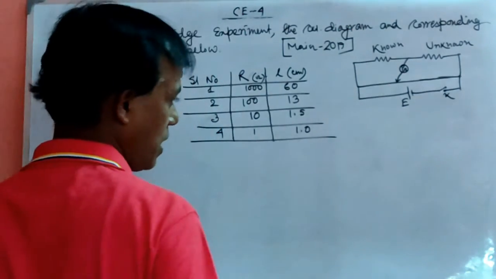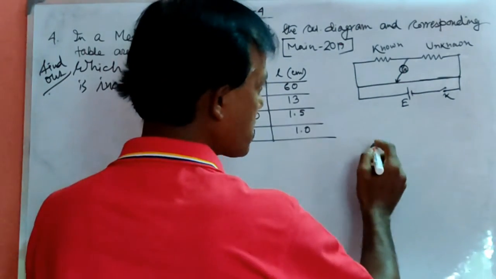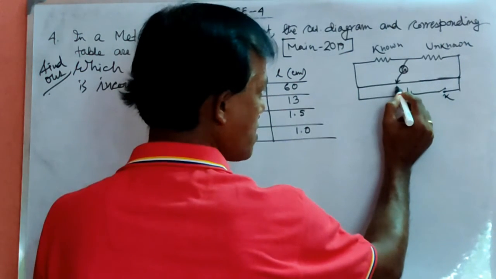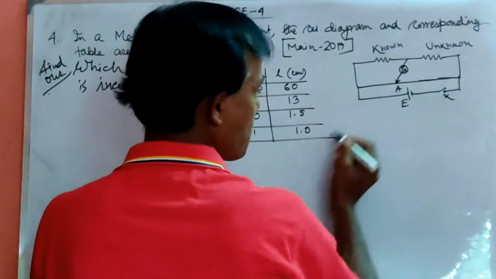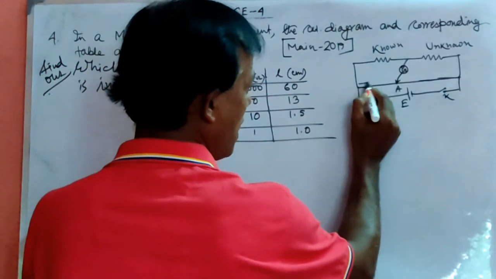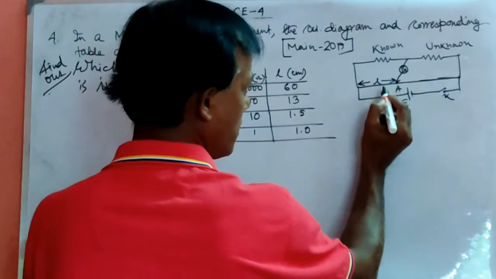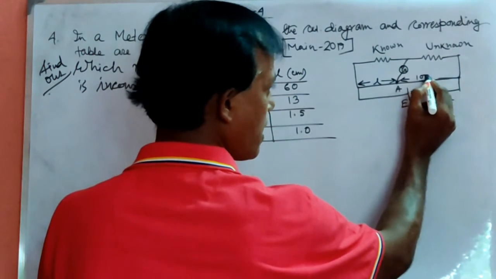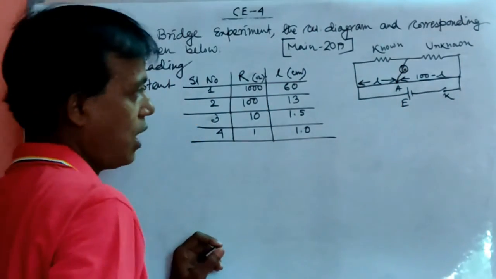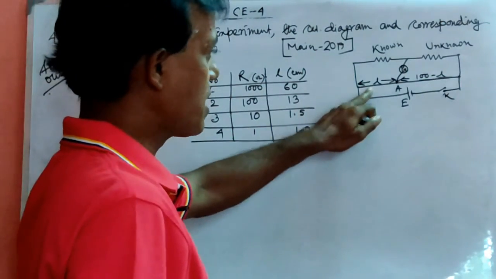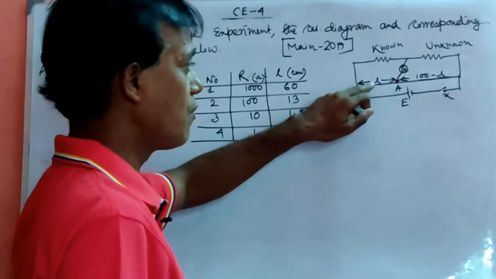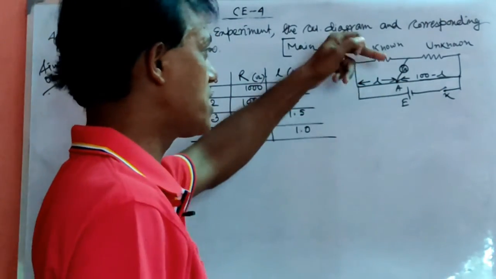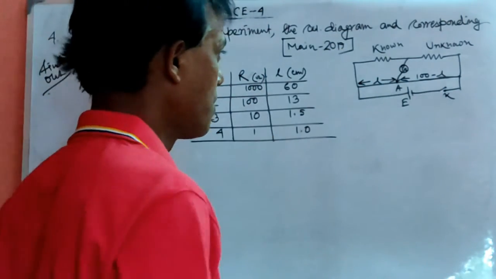Now we must know the meter bridge condition. If this is the point A and the length is L, then the rest is 100 minus L, because this is a meter bridge, the length of the wire is 100 centimeter or 1 meter, and that's why this bridge is called a meter bridge.